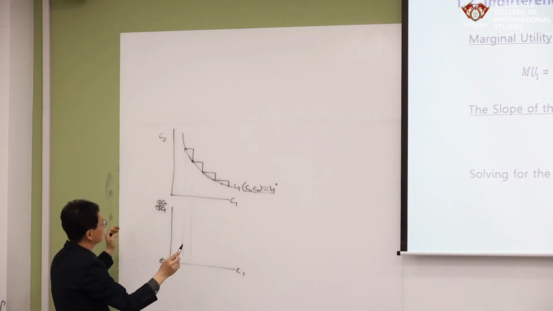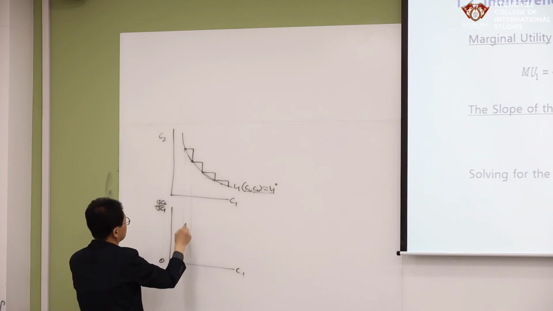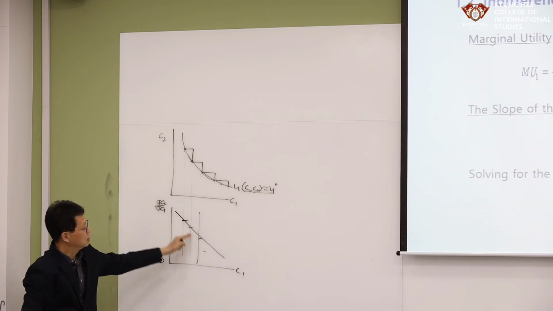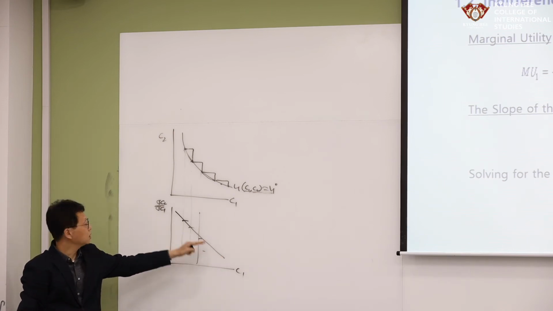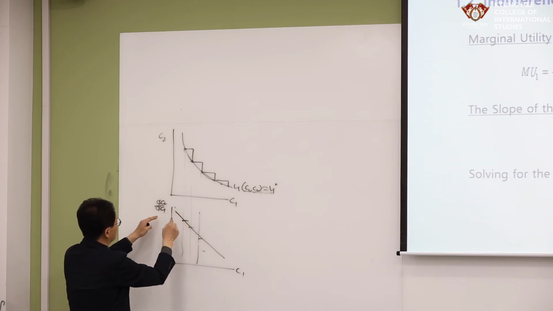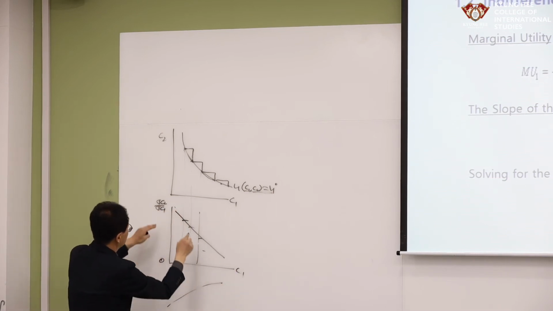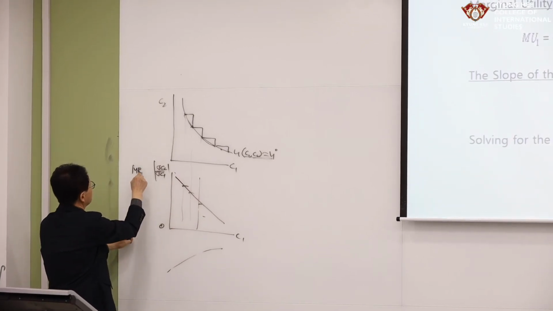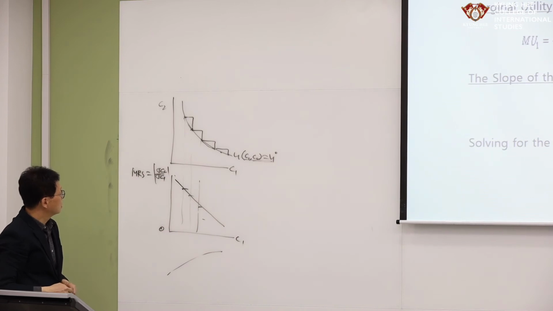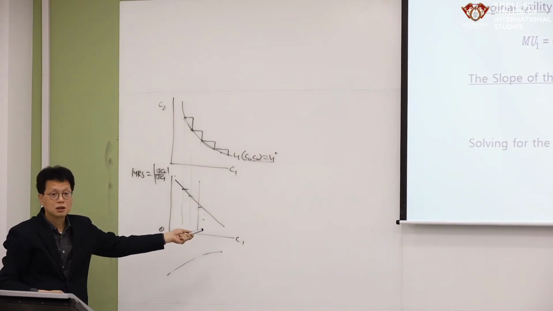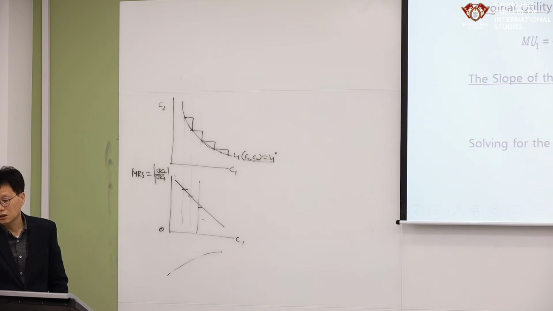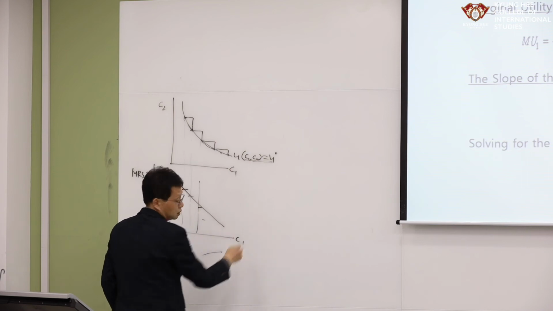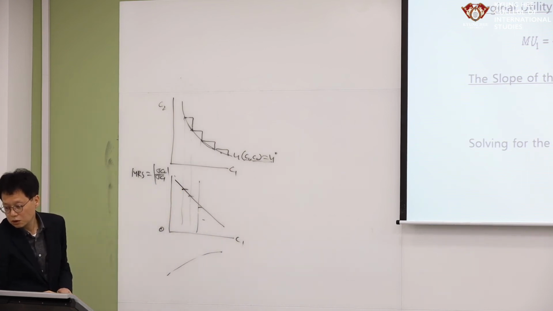So the slope is positive, right? That is a very acute triangle like this. So we can get this kind of changing rate, I'm sorry, slope. The changing rate is negative, like this, and the absolute value is like this. That is MRS, the slope of the indifference curve. MRS decreases as C1 increases. That is what I'm talking about.